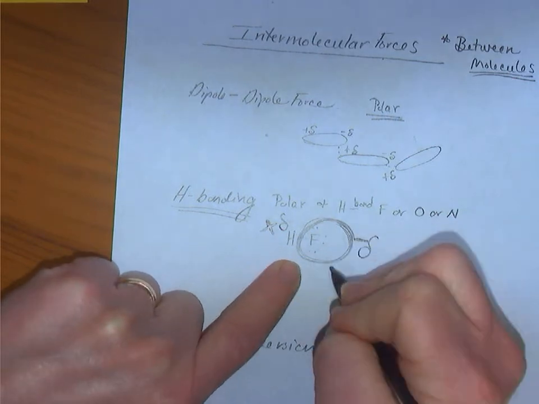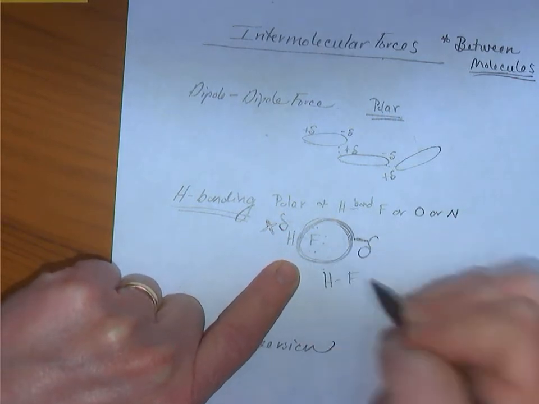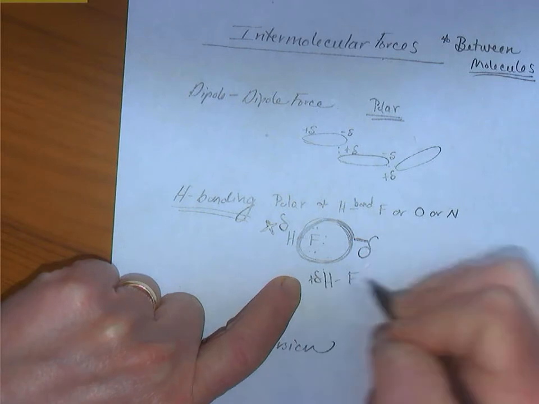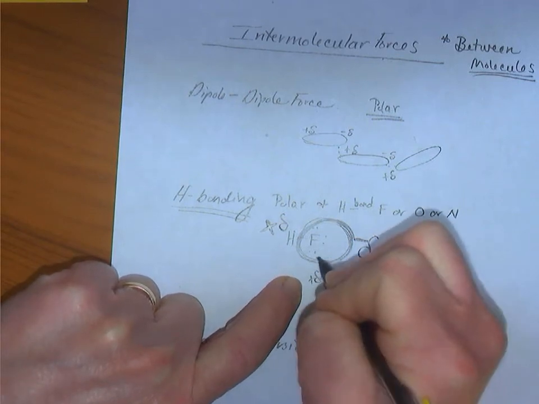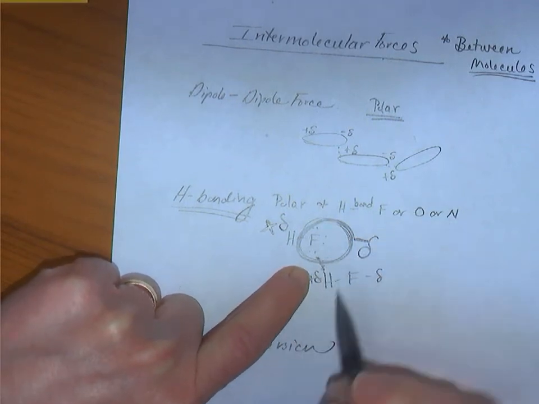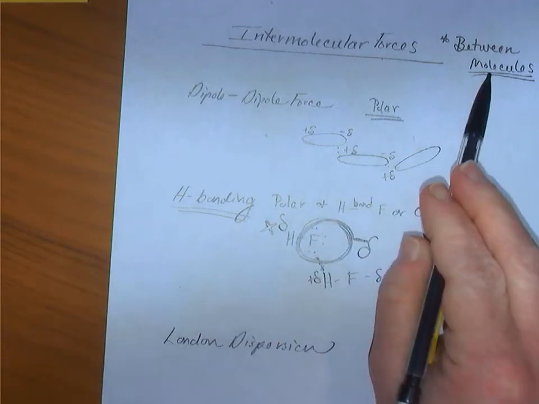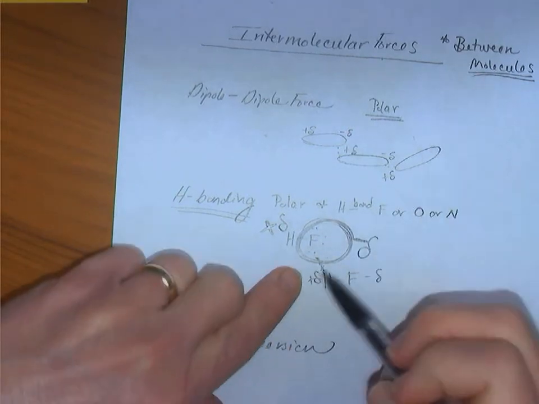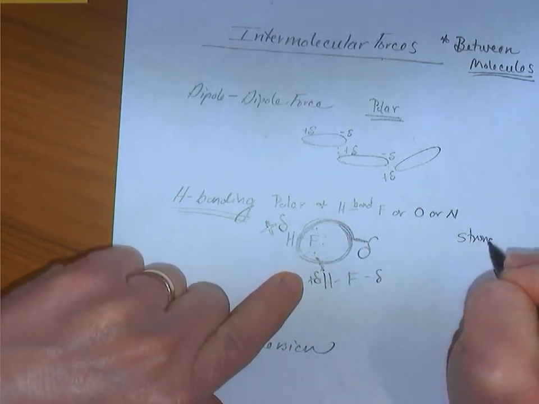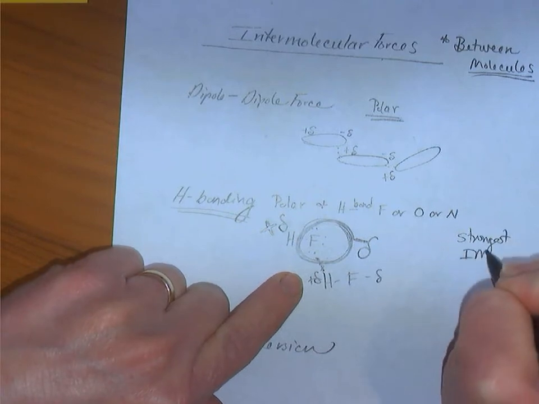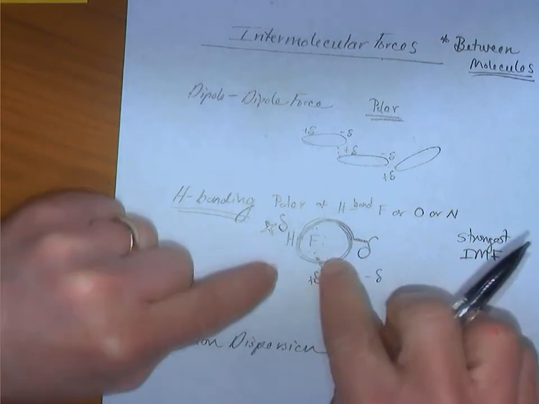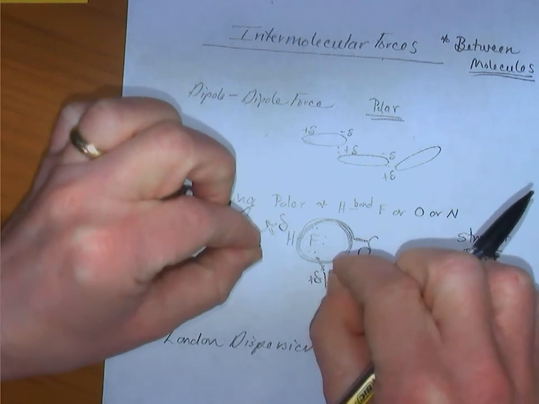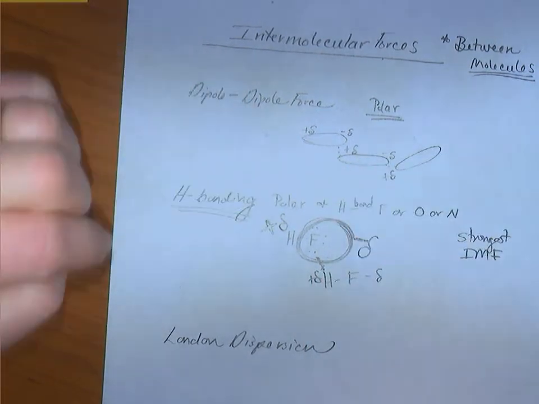So when another HF comes in, this is going to create a really strong, now it's still just between the molecules, but it's the strongest intermolecular force. So we could look at the molecule as being a magnet.